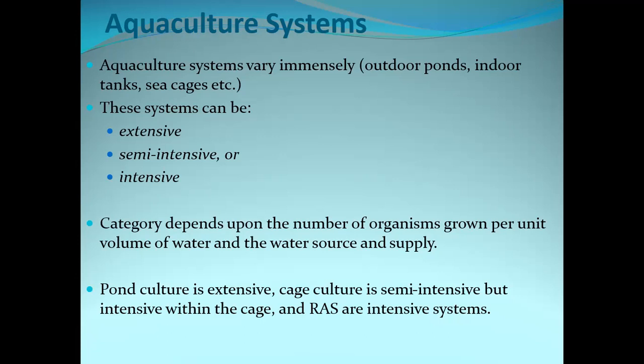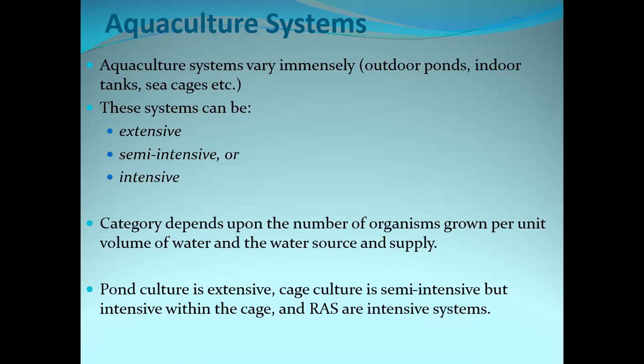In addition, with tank culture you have more control over your water quality parameters, so you can keep the conditions for growth and development of that particular species at the optimum level.